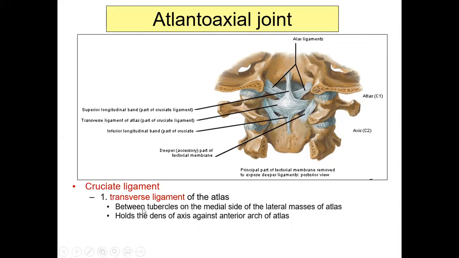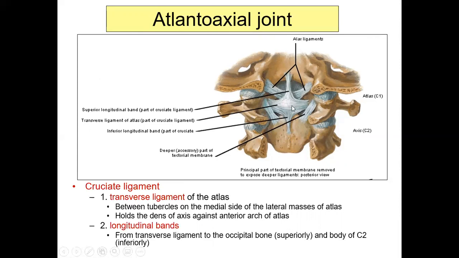So this transverse ligament is attached between the tubercles on the medial side of the lateral mass of the atlas. This is the transverse ligament, part of the cruciate ligament. And then we have the longitudinal band, from the transverse ligament to the occipital bone superiorly, and then to the body of the C2 inferiorly.